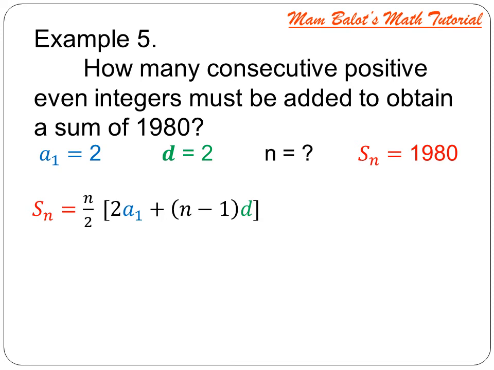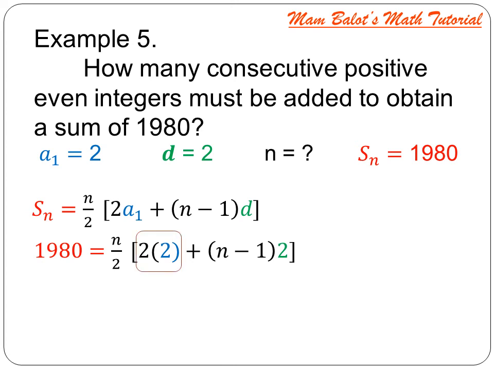So using the formula of the sum of the arithmetic sequence, which is S sub n is equal to n over 2 times 2a sub 1 plus n minus 1 times d, we substitute the given values. So we have 1980 is equal to n over 2 times 2 times 2 plus n minus 1 times 2. From this equation, we need to find the value of n.